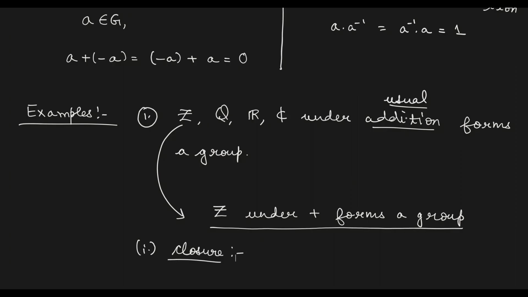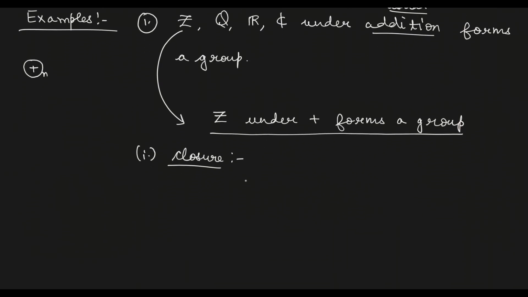Usual addition means simple addition. क्योंकि हम और अगर एडिशन मॉडल लेते हैं तो नॉर्मल एडिशन. जैसे ये एडिशन मॉडलो एन, ये वाला सिंबल होता था ना. तो ये नॉर्मल एडिशन है. ठीक. So for closure, for all a comma b belongs to integers, a plus b belongs to integers.